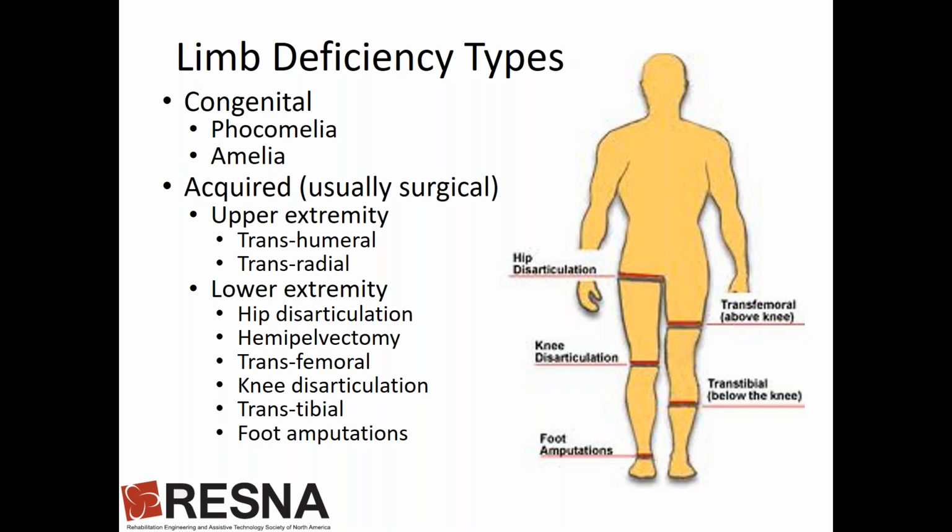With us, we see a lot of hip disarticulations because of post-tumor. If somebody still has part of the pelvis or not, it's going to make a difference in your seating.